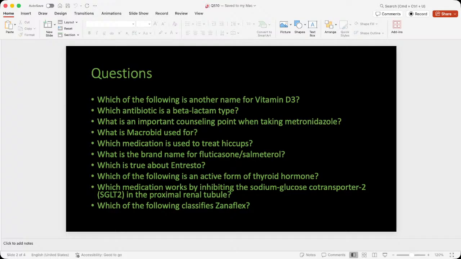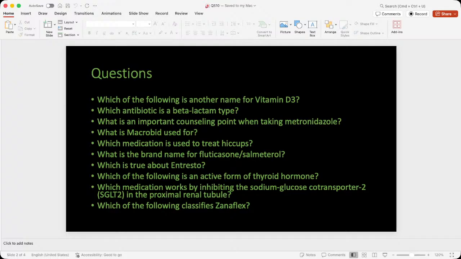The next one here is about an SGLT2 inhibitor. There are different kinds, and you should know all of these, like Farxiga, Jardiance, Invokana. You should know these brand names, as well as the generics like dapagliflozin, empagliflozin, canagliflozin.